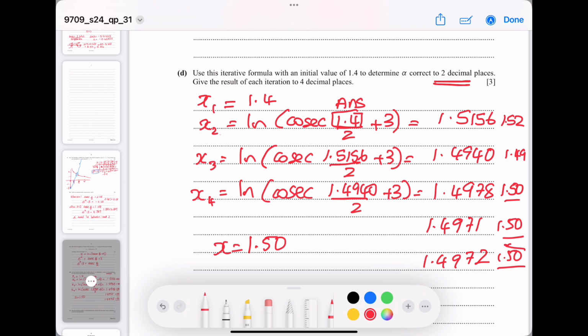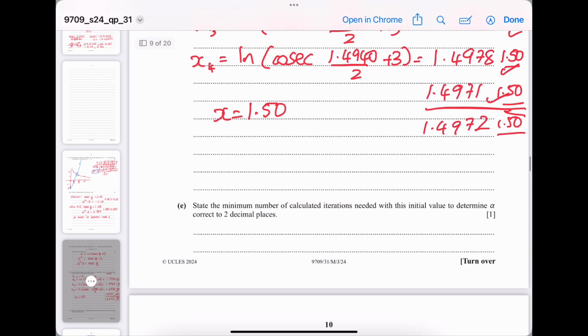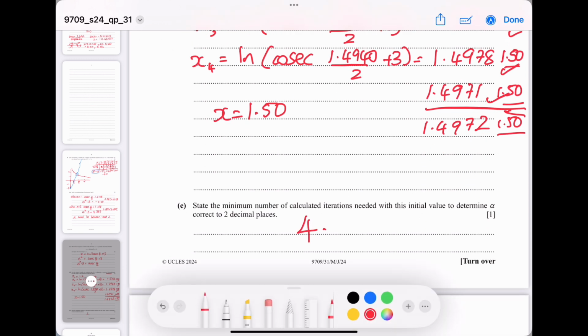We could have actually stopped at this point, having had two the same. So state the minimum number of calculated iterations needed. As we said, we needed this one, this one, this one, and this one. We could have stopped there. So our value here would be 4.